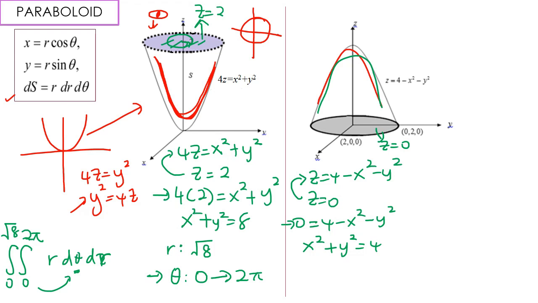You agree with me? Therefore, radius is 2. And then the angle obviously is 0 to 2 pi because it is a full paraboloid. So that's all for polar coordinate of paraboloid. Inshallah, when you do exercises, it will be more clear for you. Thank you. Assalamualaikum.